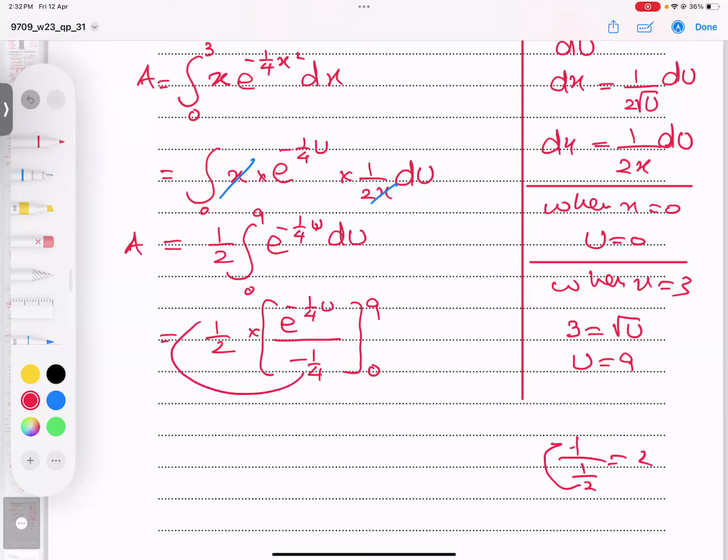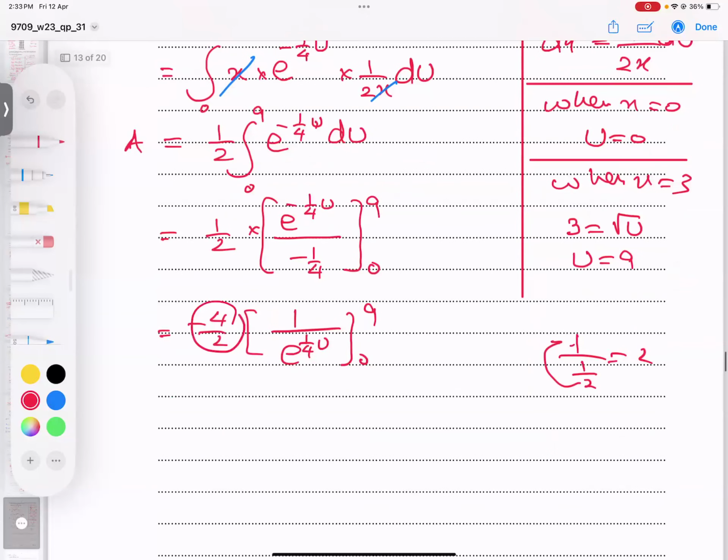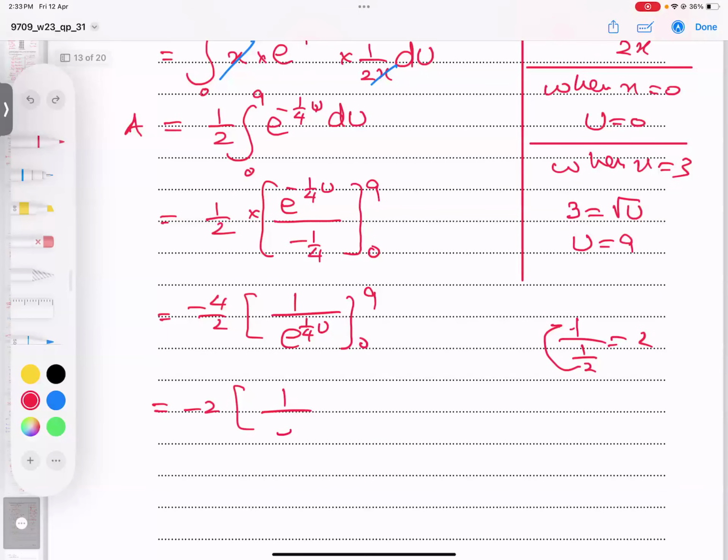So it becomes negative 4 by 2, because the whole thing goes up. Inside I get this, so I bring the denominator, and I can say 1 over 4 u positive to make it easy. This is the cancellation process, outside negative 2. When I plug in 9 here, it gives us e to the power 9 over 4. When I plug in 0, something to the power 0 is 1, so I get a 1.